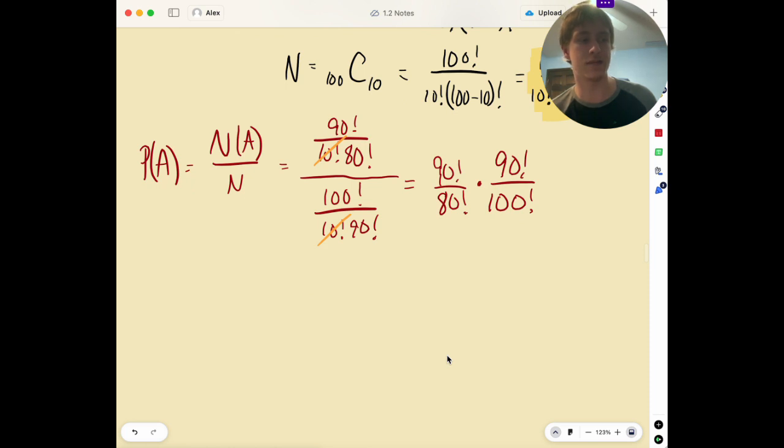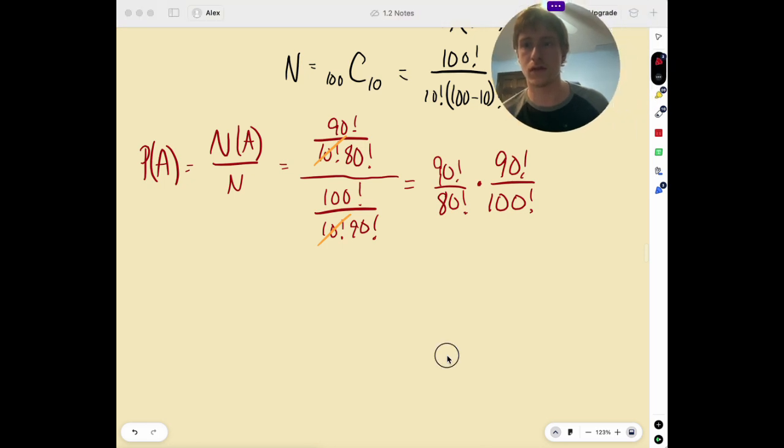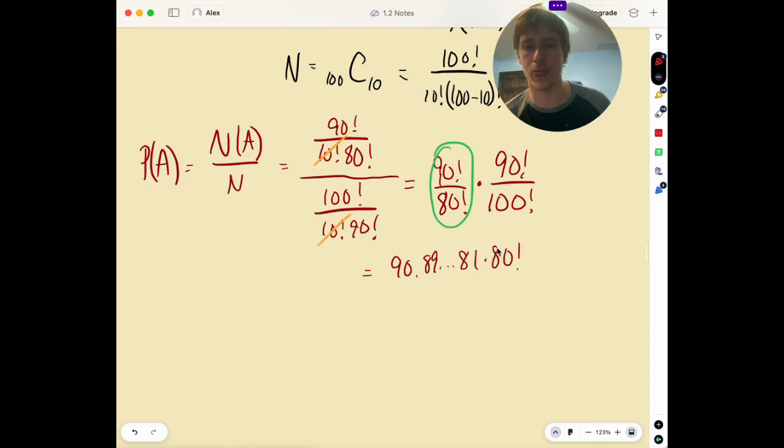But the idea is, this expression right here is really just 90 times 89 times 88 all the way down to 81 times 80 factorial, all divided by 80 factorial. Okay, so these 80 factorials clearly are going to cancel out for the first term.